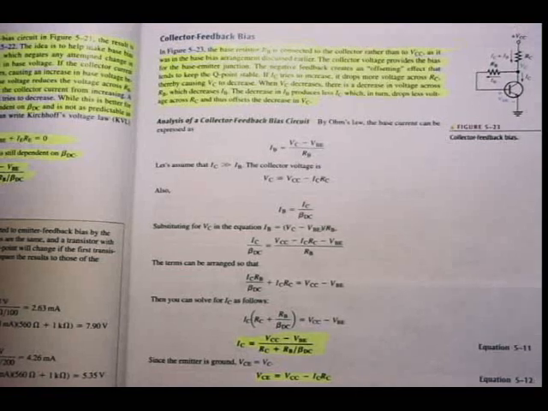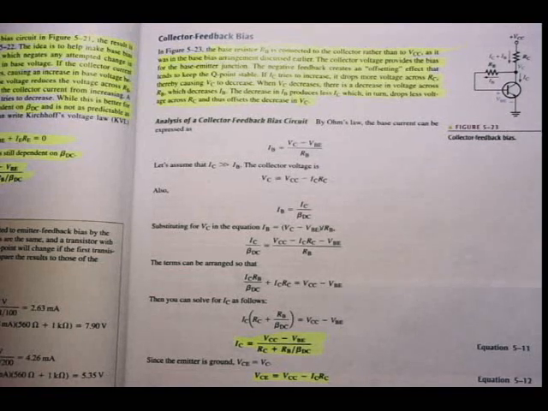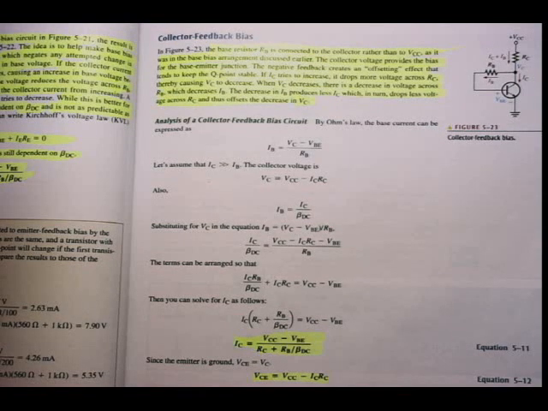Anyway, if we go back to our textbooks, I've marked it there. You will see I basically tell you the same as I did. The base resistor RB is connected to the collector rather than VCC, as it was in the base bias arrangement discussed earlier. The collector voltage provides the bias to the base-emitter junction. The negative feedback creates an offsetting effect that tends to keep the Q point stable.